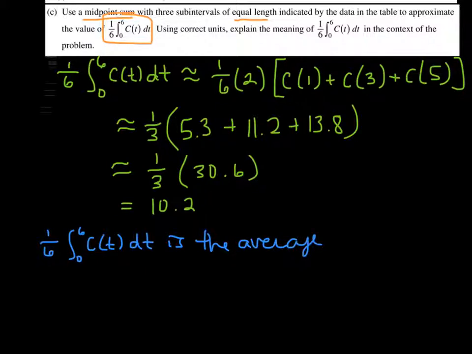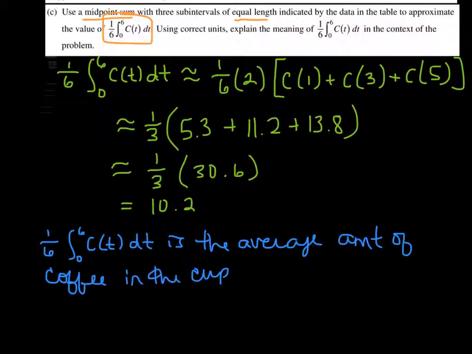And so what is c of t measuring? And remember, the average is the only one where the units do not change. So the average amount of coffee in the cup in ounces. So what are we measuring the coffee in? In ounces.